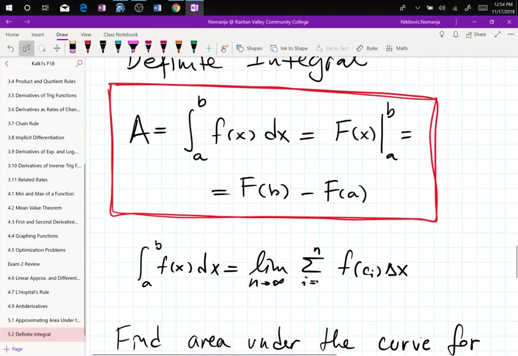So the formula says, if you're looking for the area under the curve, do the integration between a and b, being the limits of integration, the numbers that you are given. And then find the integral, plug in F of b minus F of a. So you do whatever you got up there, F, which is the antiderivative, compute the b first, and then subtract a.